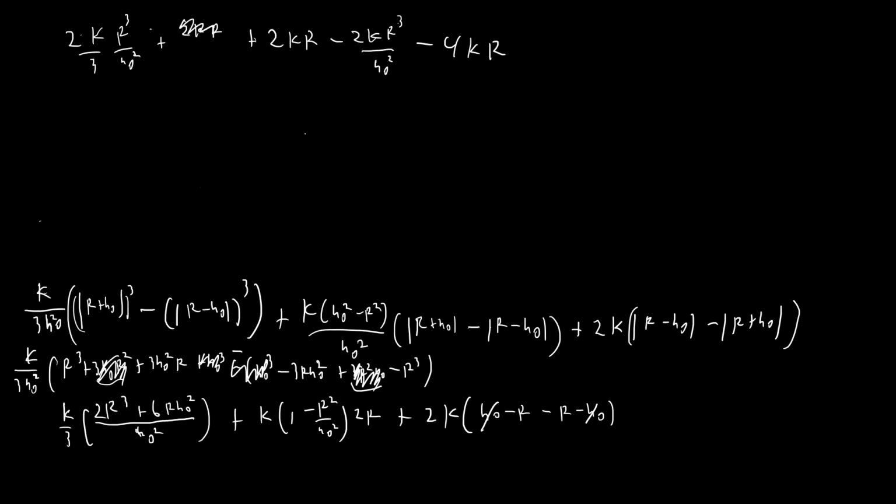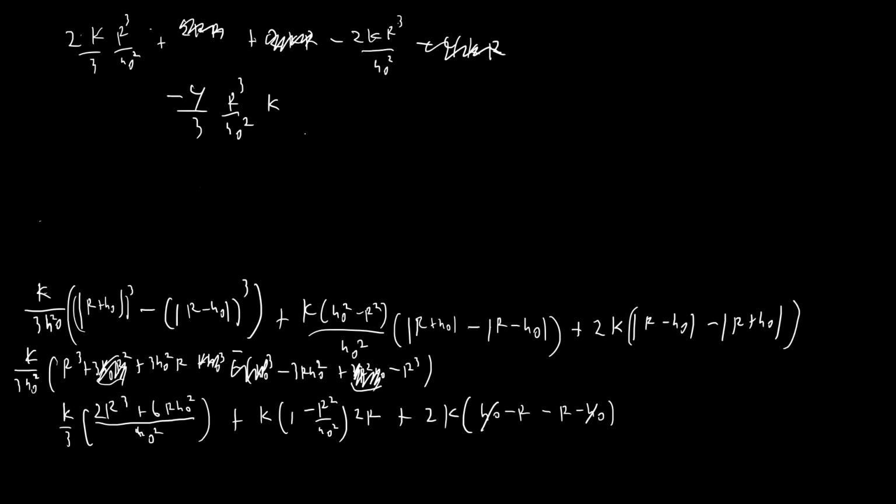So here, all of this is going to cancel, right? And then all we're going to end up with is, so this would be 6/3, so 2/3 minus 6/3 is negative 4/3 r cubed over h0 squared times k.